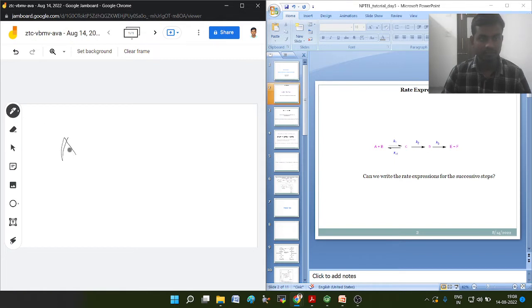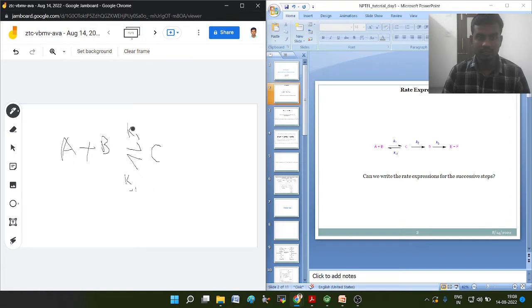So I have A plus B, which is in equilibrium with C. The forward rate constant is small k1 and the reverse rate constant is small k minus 1. Okay, these are small k.